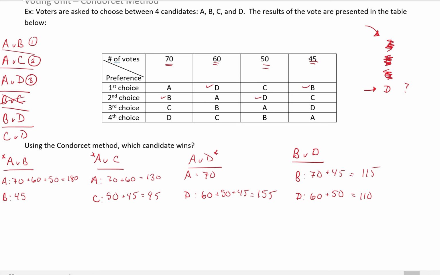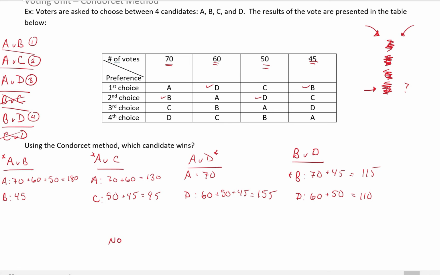And in this case, B is going to beat D, which means D loses. So D can also not be a winner. We've crossed every option out, so we don't even have to compare C and D. There is no winner. We've crossed every option out on this list up here.